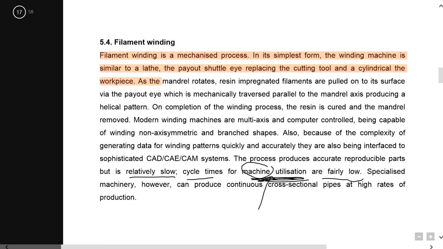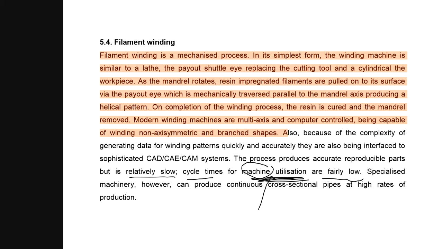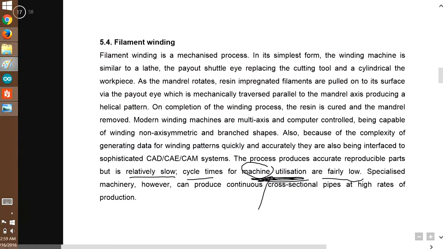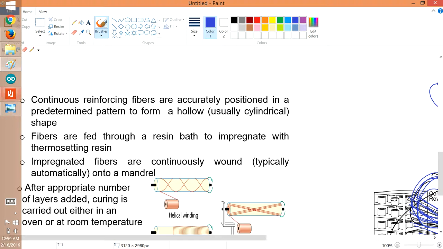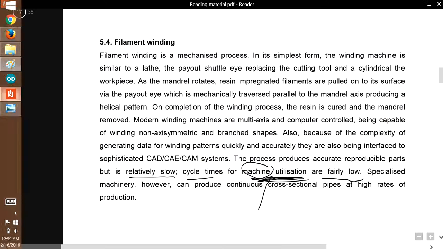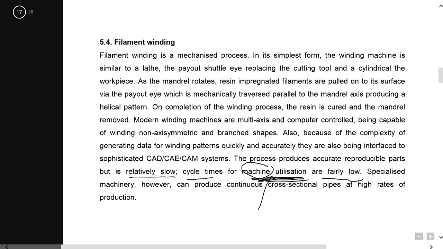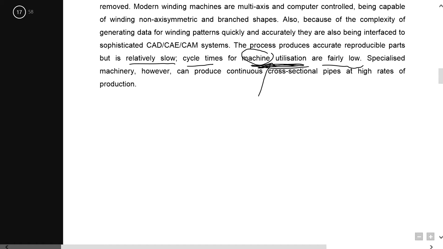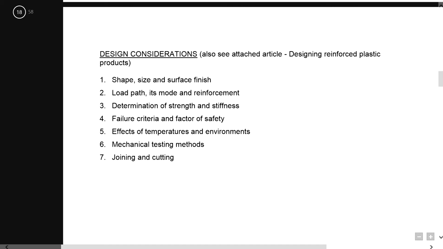I think you can just memorize this one, because over here it also talks about how the filament winding process works. If you head back to the question, it asks you to describe the filament winding process, so you can also come here to check it out. The winding machine is there, so I think it's pretty clear.